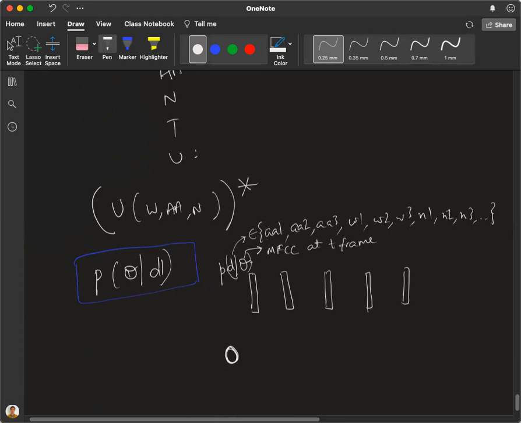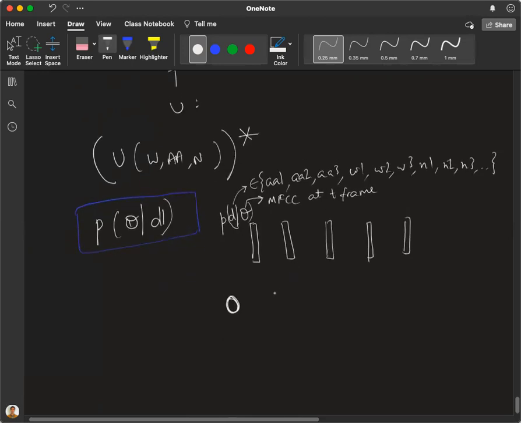Now you see there will be a lot of variability, because we are using a Gaussian mixture model here, and many things sound very similar. When I say 7 versus 7, it's difficult to distinguish, but in real speech you do get a lot of variability.